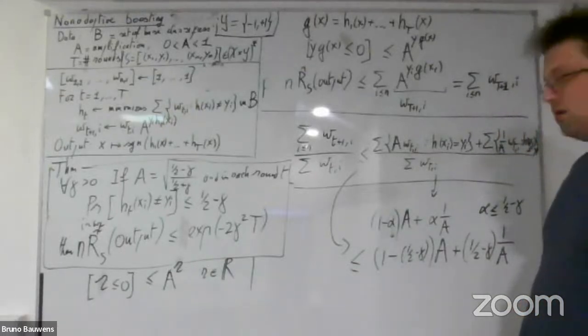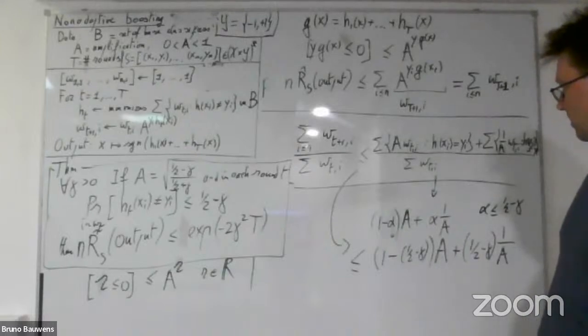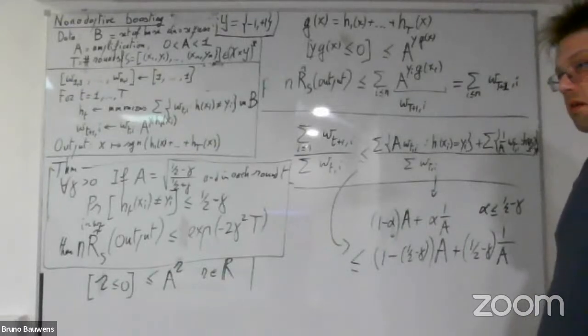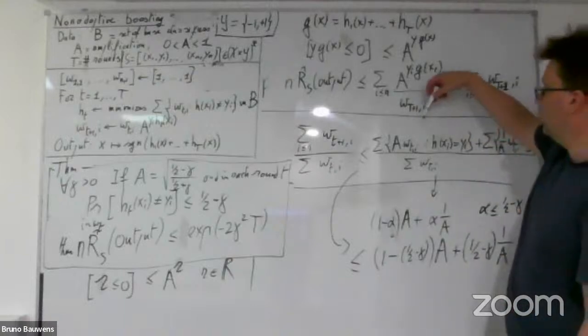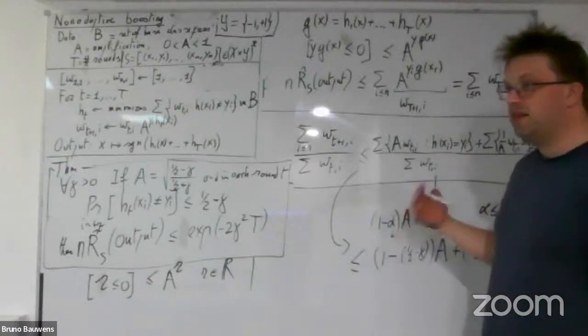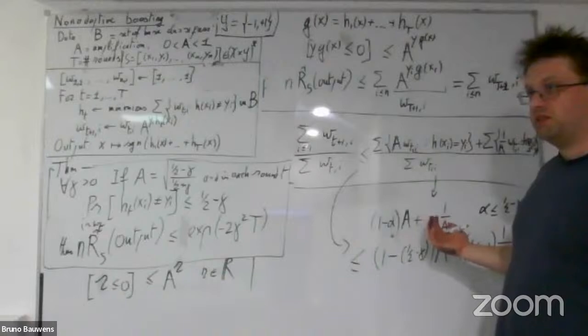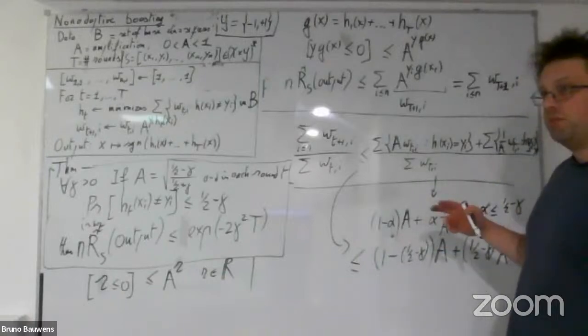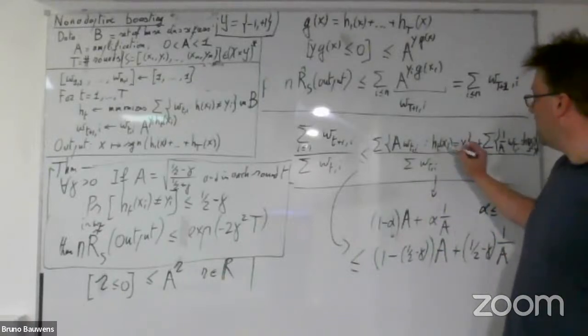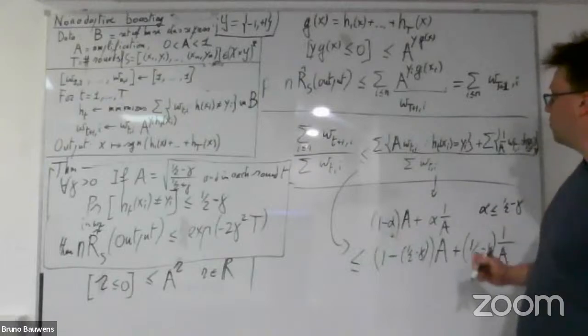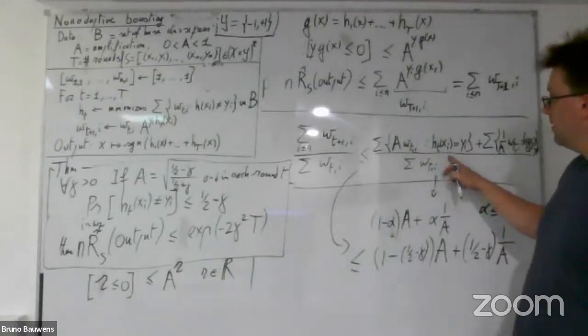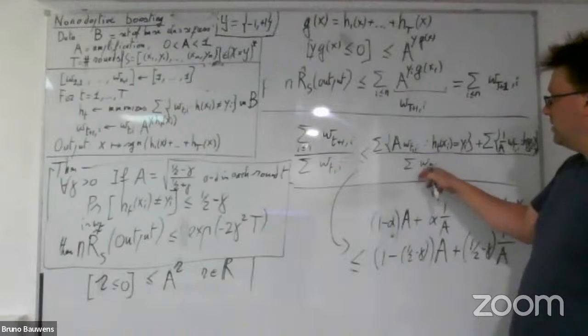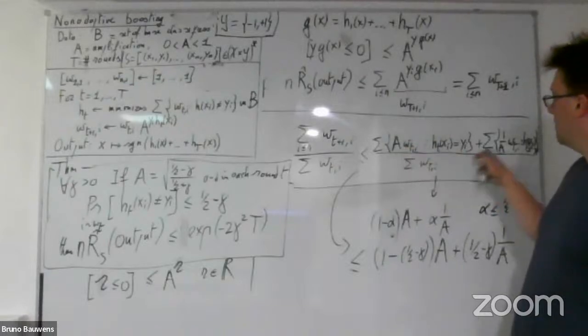Would you please explain once again why the weights sum up to 1? Okay. Every classifier has a weight. Every data point has a weight. There are two types of data points: the ones that are right at h_t and the ones that are wrong at h_t. And so every weight in this sum appears either here or here.